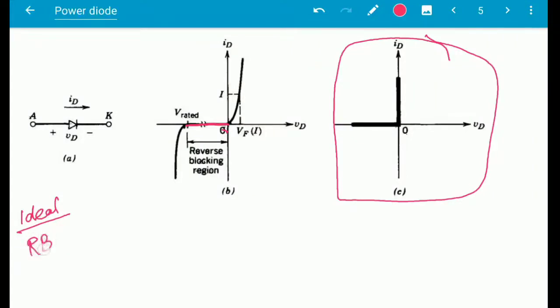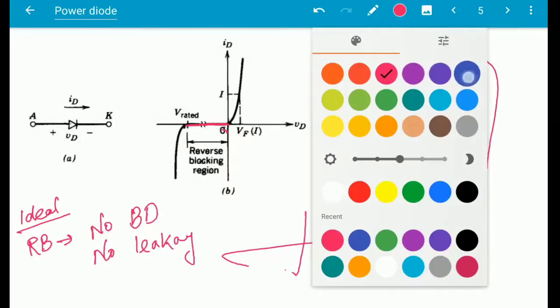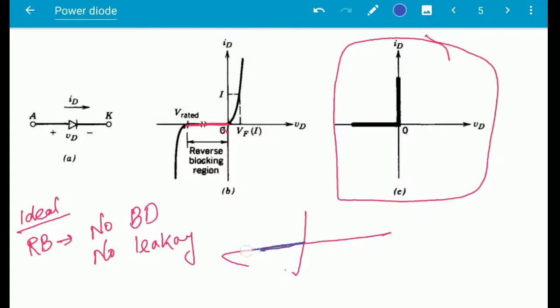In case of reverse bias, no breakdown, no leakage. So if no breakdown and no leakage, this will resist any voltage up to infinite, and there will be no leakage current. If there is a leakage current, it will go like this, and if there is a breakdown, this will be like this. Here current will increase. So as there is no breakdown and no leakage, this will resist up to infinite.